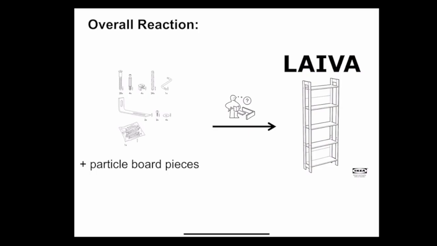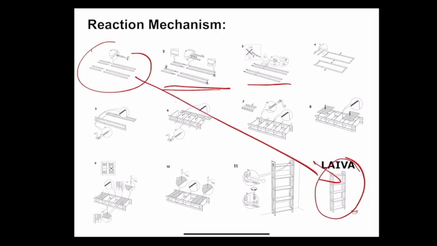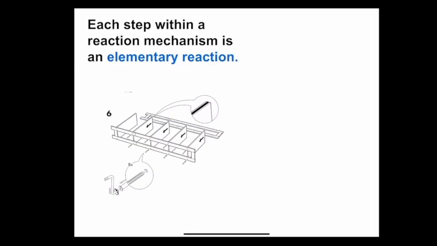So the 2 sides of this: an intermediate is stuff that you make along the way to your balanced product. The overall balanced chemical equation says stuff you start with, stuff you get. Intermediates are the things that are formed and then used up.